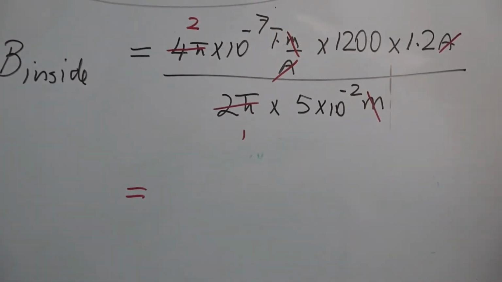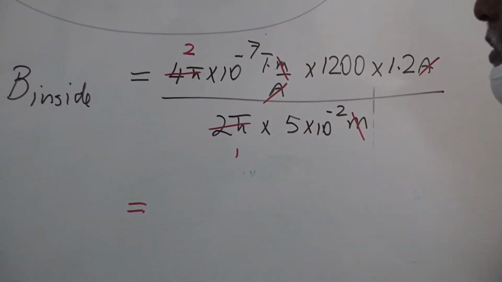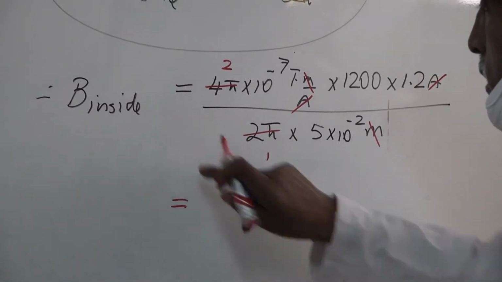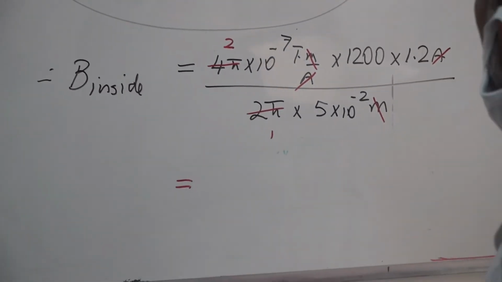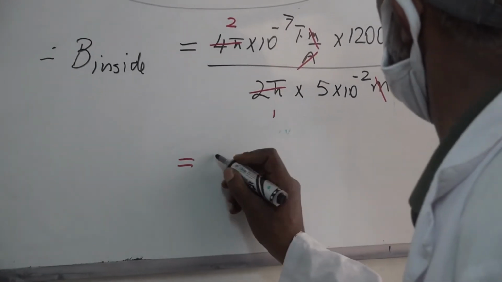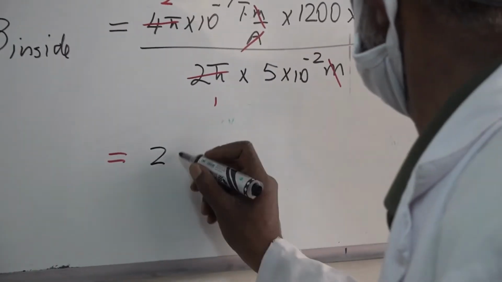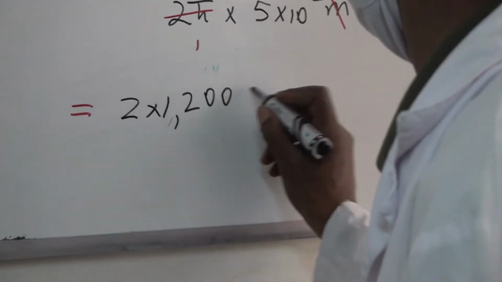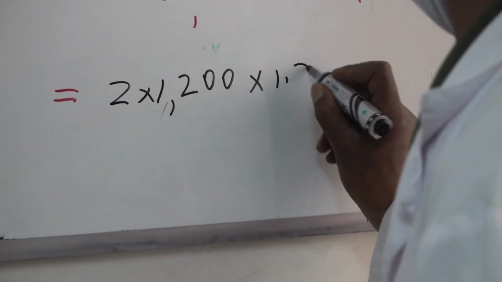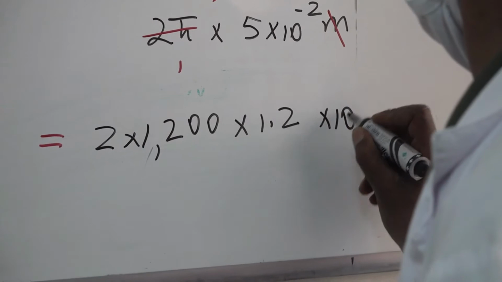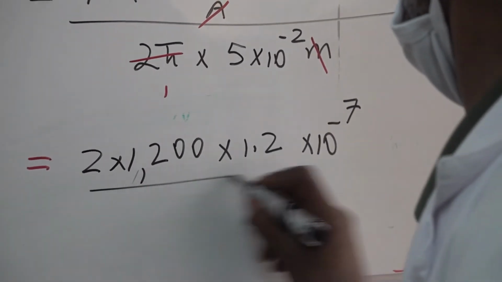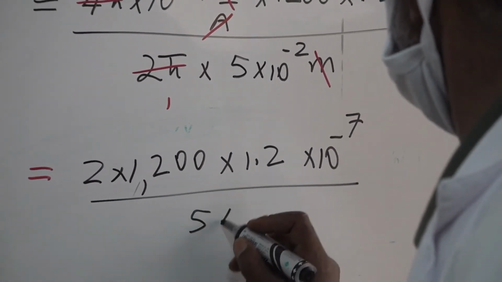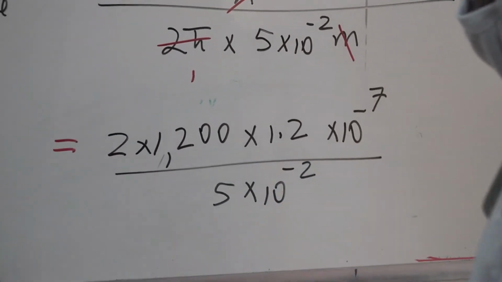This rough work should be done somewhere else. If it's a workout, you're not allowed to do it there. So you get 2 times the numbers first: 1,200 times 1.2 times 10 to the power of minus 7 divided by 5 times 10 to the power of minus 2.